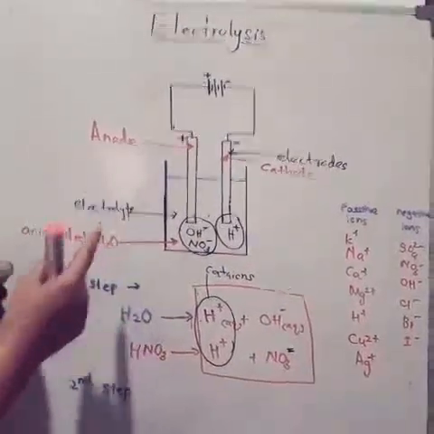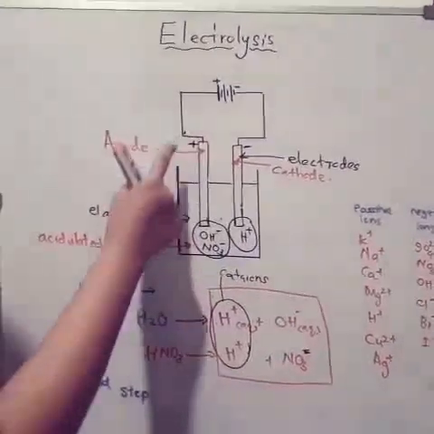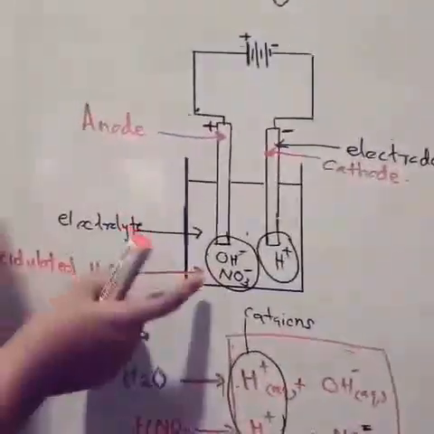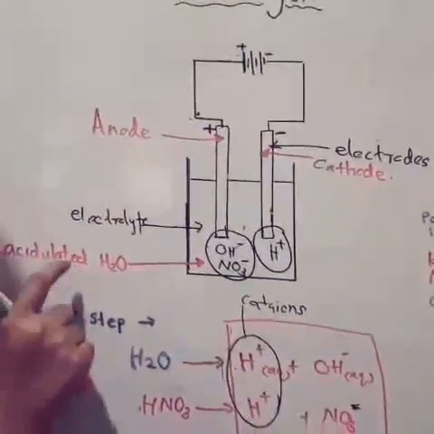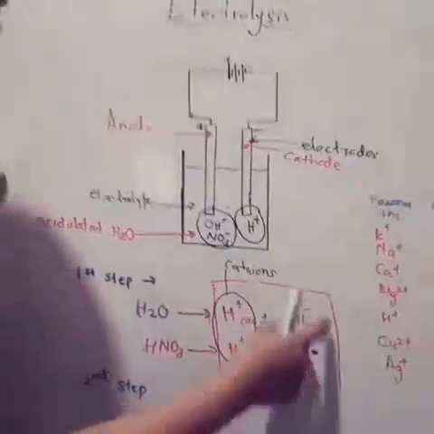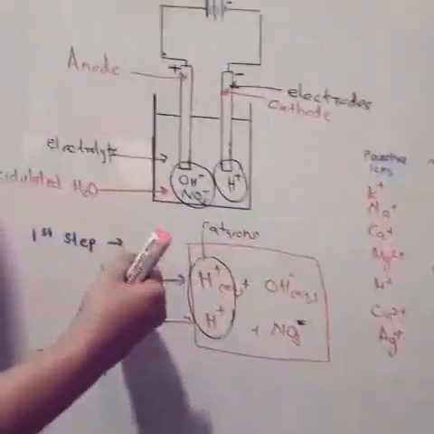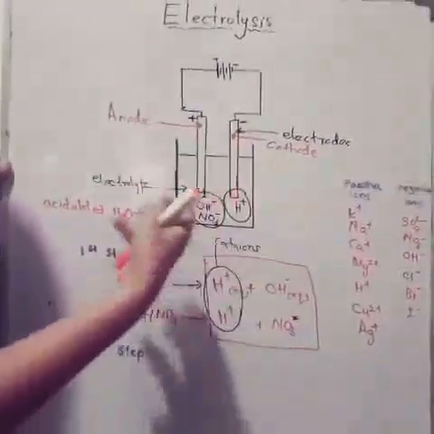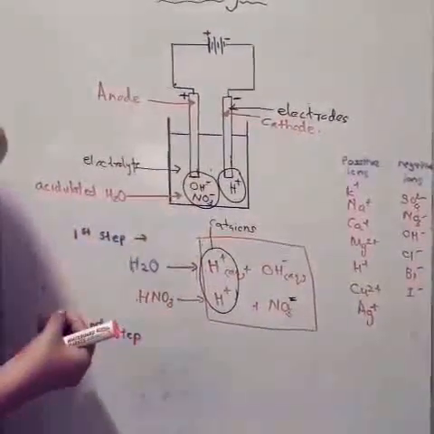Now here, in the electrolysis, what we have done first, we have put the electrolyte specific and identified what are the ions in it, and then we saw which of them are going to the anode and the cathode.